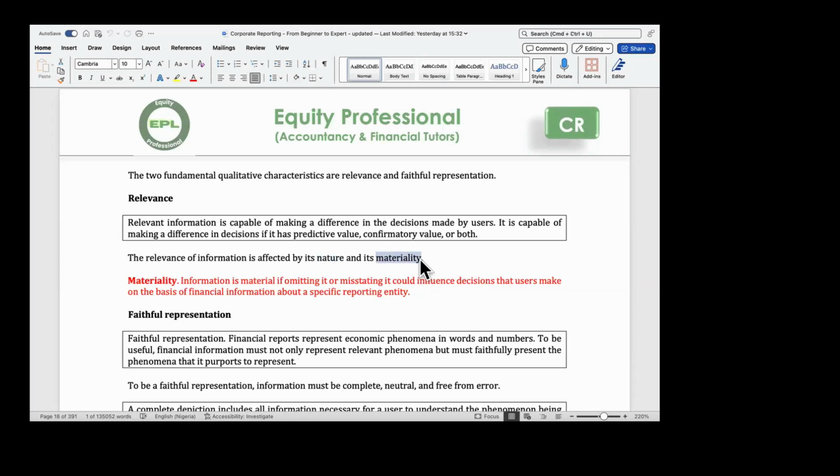There are some items in the report that, even if they omit them, it won't affect anything because they are not material. An item is material if omitting or misstating it is going to influence decisions that users make. Those are the items that affect relevance. So relevance is affected majorly by the nature of the item and the materiality of that item.